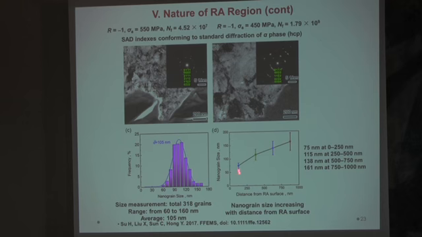This is very close to the fracture surface. Away from the surface, within the RA region, you may see a little bit of increase in the grain size. Here, close to the surface, the grain size is even smaller.